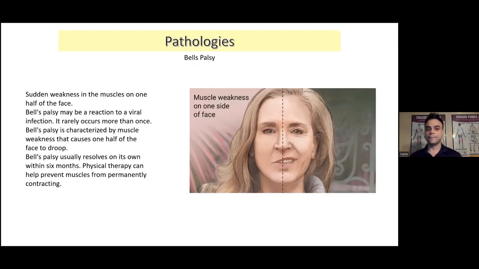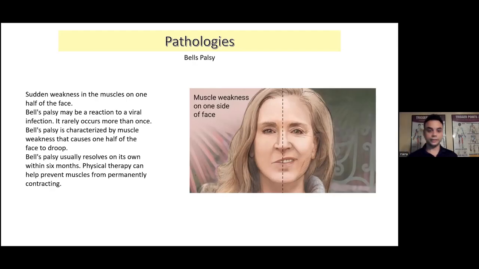But anyways, weakness to the muscles due to some sort of restriction or obstruction of the facial nerve leads to that droopy face. And there's really no concern for massage therapy. Technically there's no damage as long as they had never had an injury or anything like that.